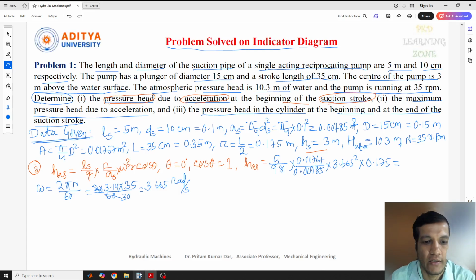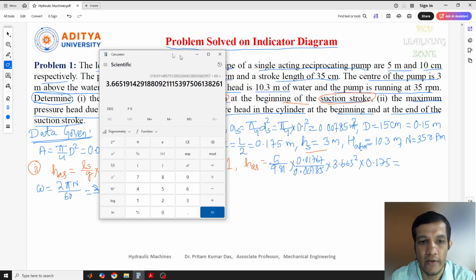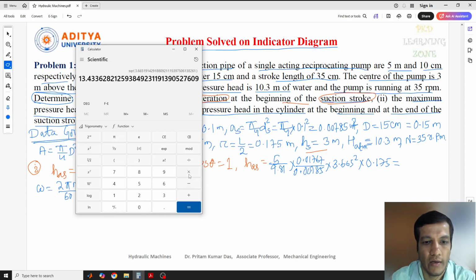That is our answer, so let's solve it. Omega is already there, so I'll write omega square into 0.175. Then multiply 0.01767, and divide by bracket start 9.81 multiply 0.00785 bracket close.